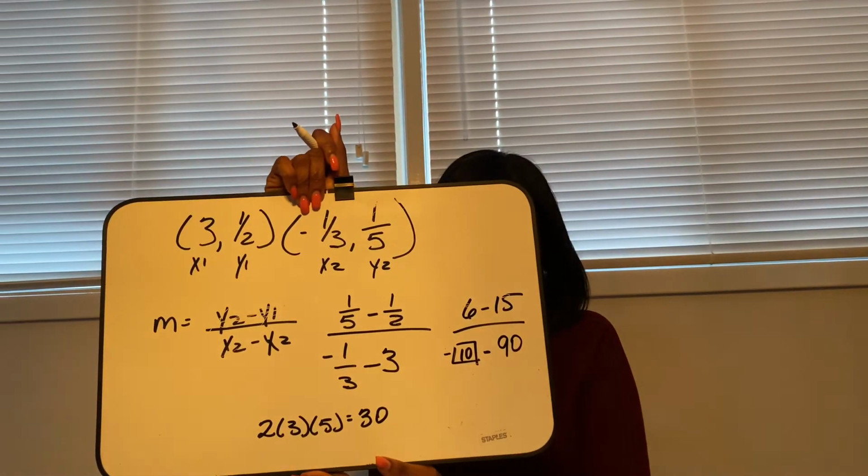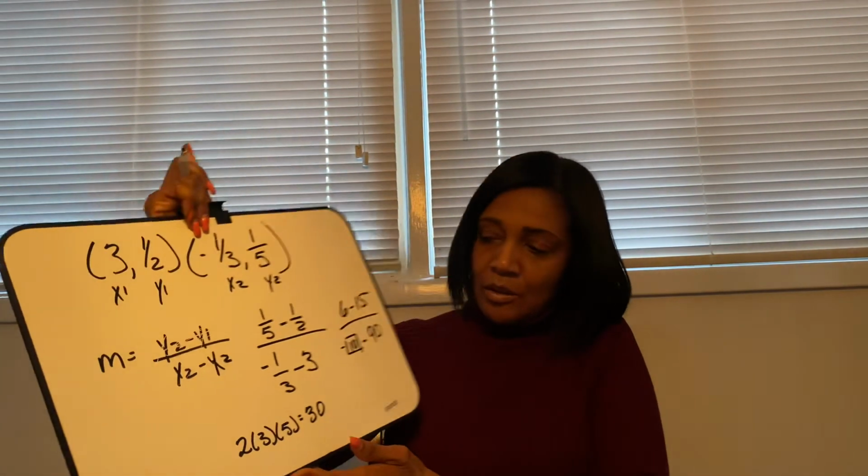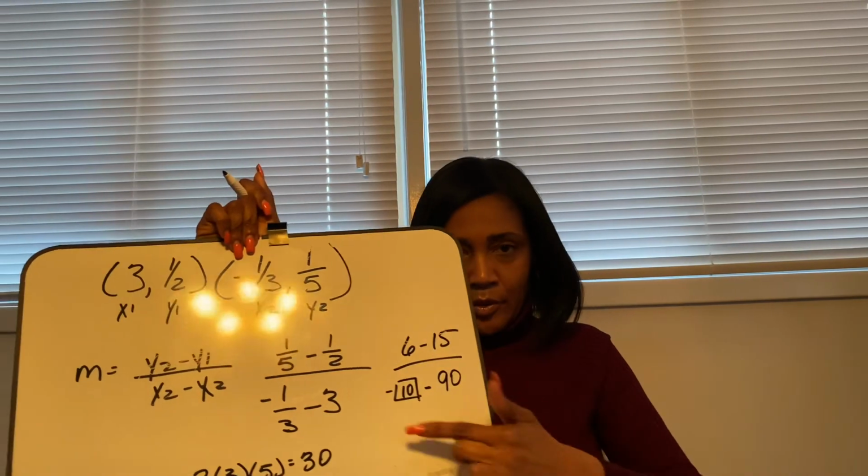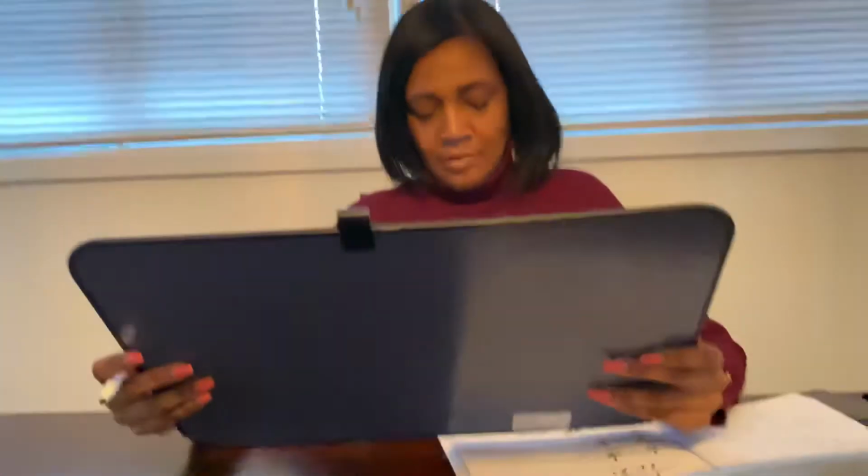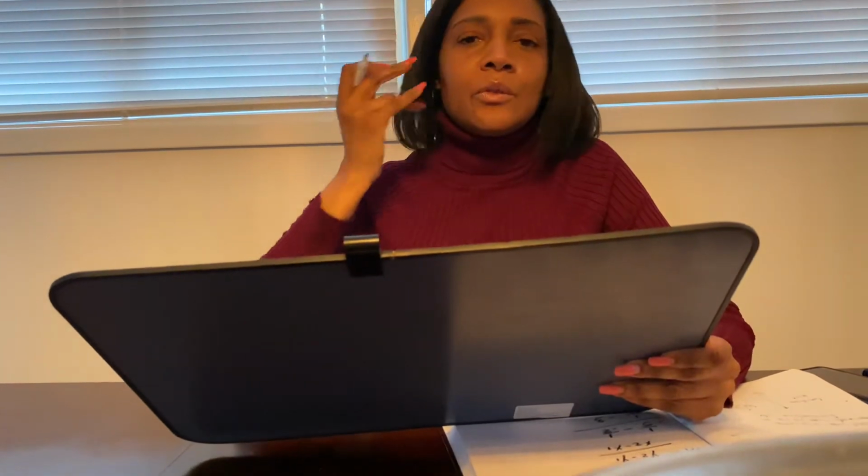Okay? So this is what you should have so far on your paper. I'm going to give you just a few seconds to work out the rest of the problem. And then we'll compare answers and see what you have.